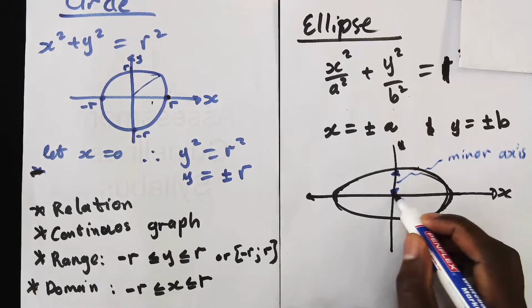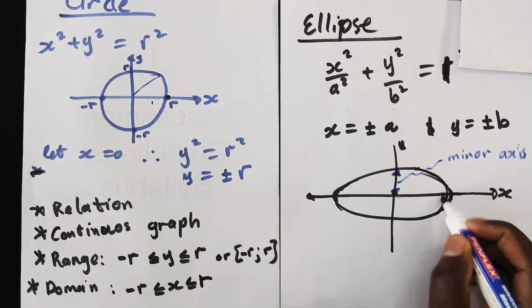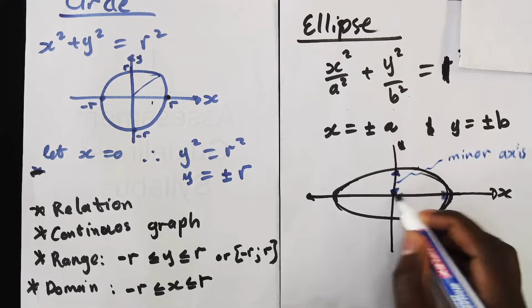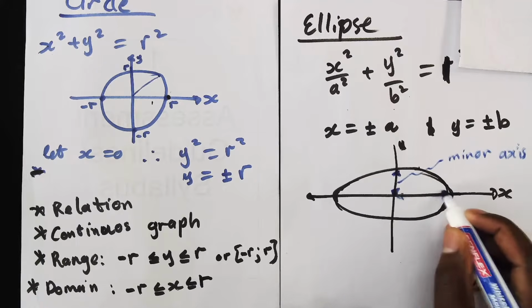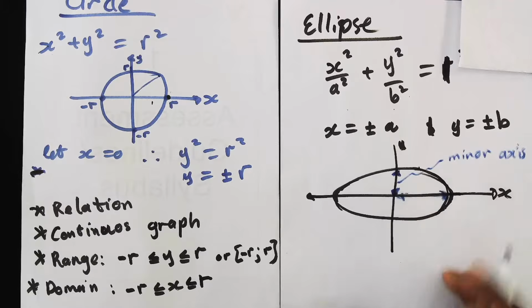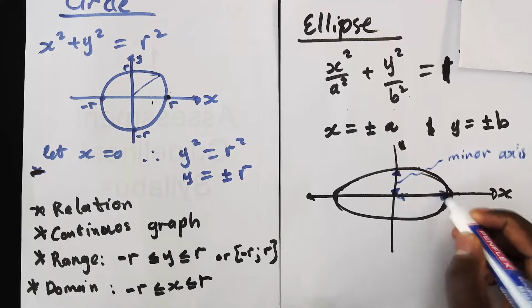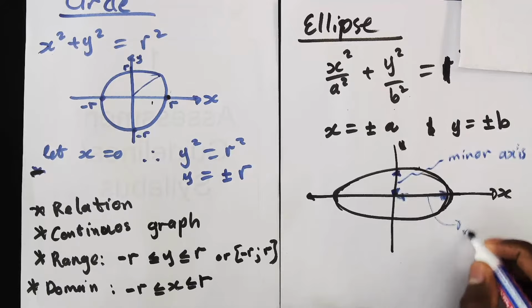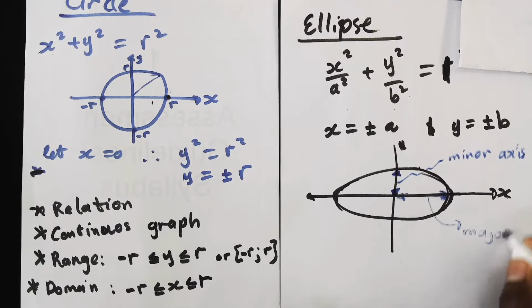If you start from point O to the right, through the x-axis, from here to there, it's a major axis.